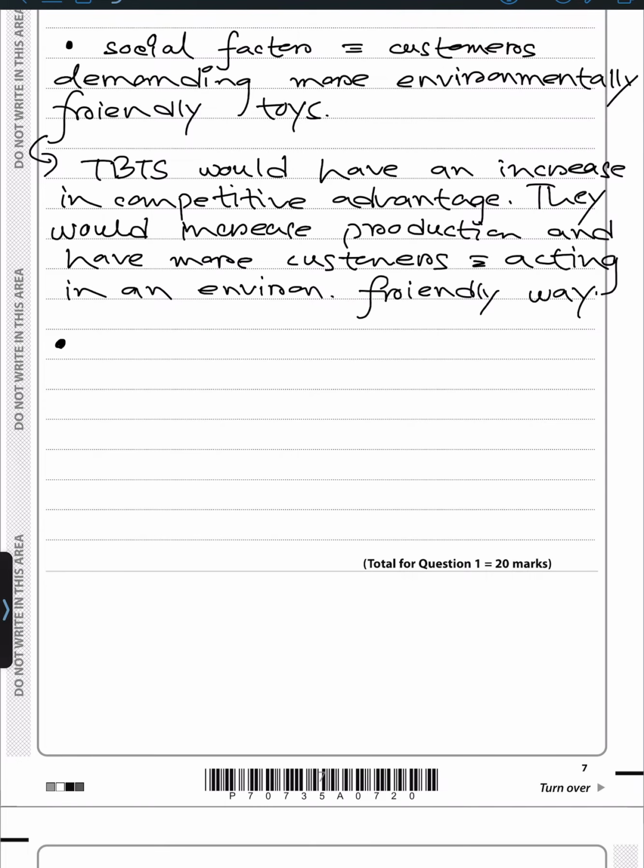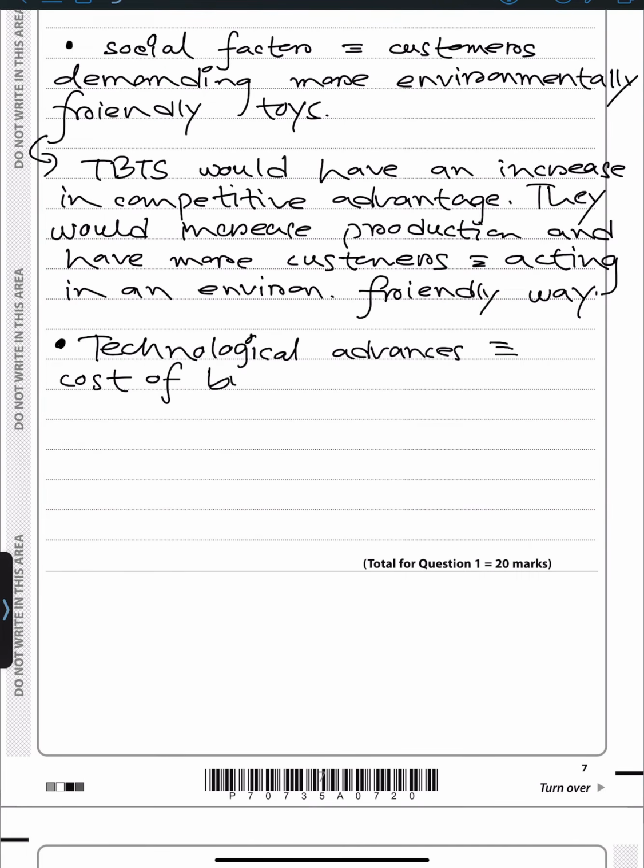So technological advances would mean cost of buying those toys increase. So technological factor is my external factor. I don't have control over it.